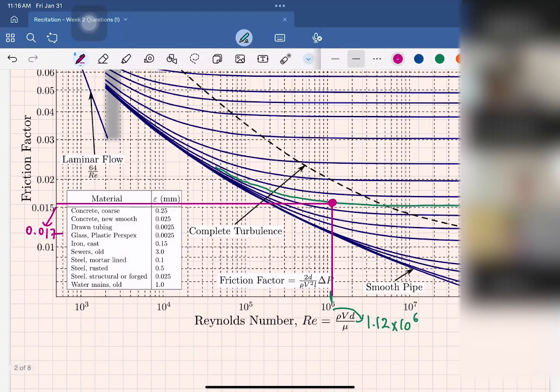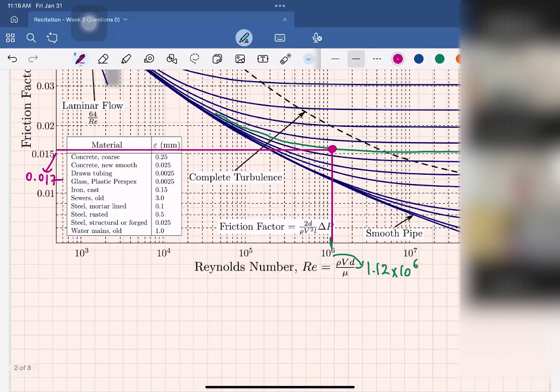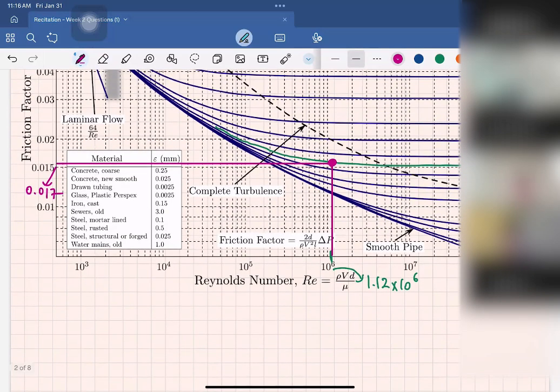So from here, we can see that our assumption is correct because when we use that friction factor, we calculated velocity. From that velocity, we calculated Reynolds number. Using this Reynolds number, we again calculated friction factor as 0.017, which is the same. But for example, if it wasn't 0.017 and let's say 0.02, we were going to use this friction factor in the head loss equation.